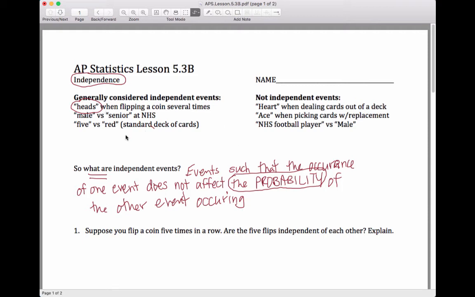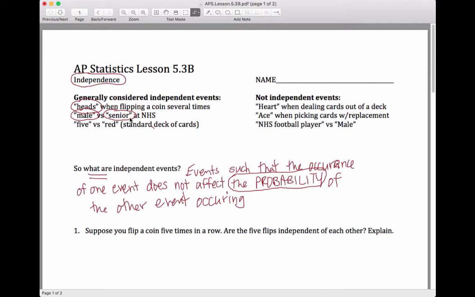The probability of being a male at Noblesville doesn't have anything to do with the probability of being a senior. Let's think about this. If I said, what's the probability that I would randomly pick a male at Noblesville High School, you'd probably say it's about 50-50. But what if I said, wait a minute, I happen to know this person is a senior.